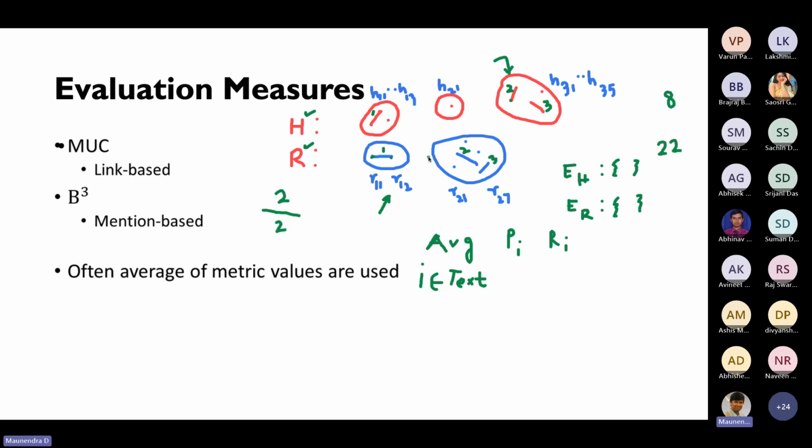On the other hand, the precision will be the number of common mentions in this as well as this, divided by the number of mentions which are there in this cluster, which will be 5 here. So this is for this specific mention, and you repeat this for each individual mention here and take the average. So that will give you the average recall.